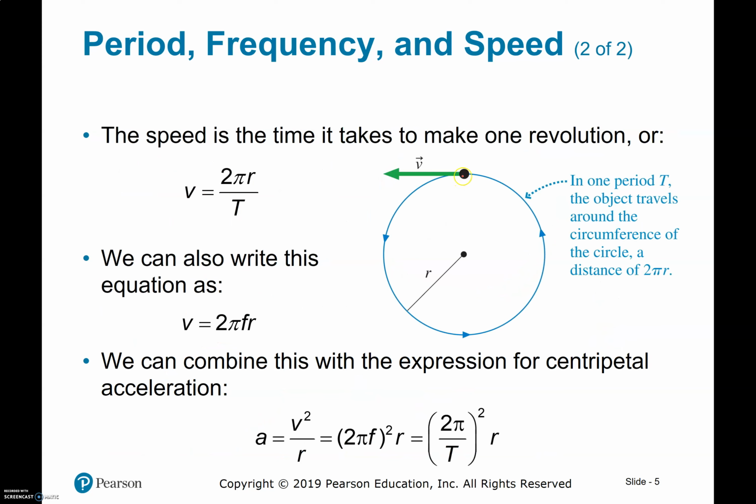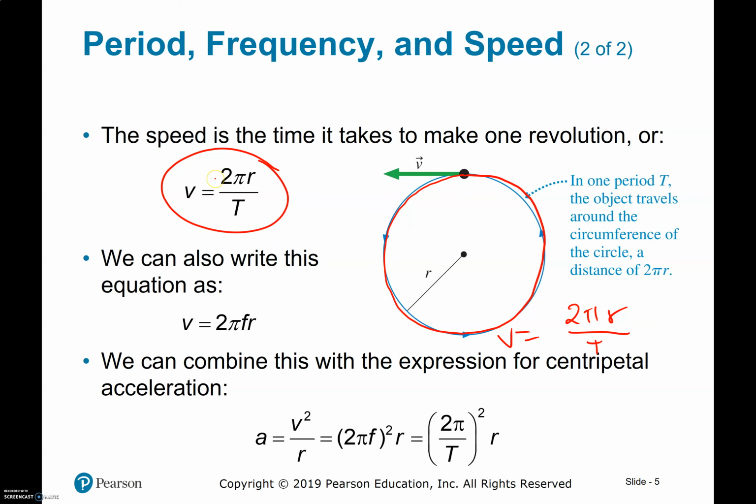So if the particle goes one revolution, the distance it covers is 2 pi r. And if you divide that by the time, that's your velocity. Velocity is equal to 2 pi r over the period, or 2 pi times the frequency times r.